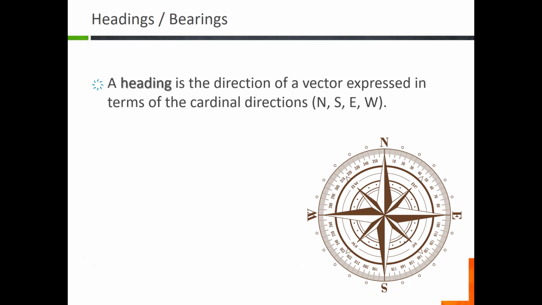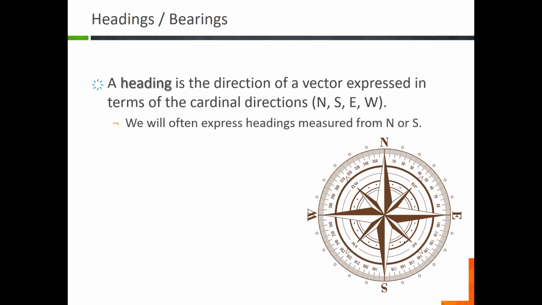Notice this compass uses 0 degrees to represent due north, and 90 degrees represents due east, and it continues increasing in a clockwise direction until you get all the way back to 360 degrees, which would be the same thing as 0, so due north. That's one way you can do it, but it's not the way we're going to do it in this class. But we do need to make sure we know the north, east, south, west cardinal directions.